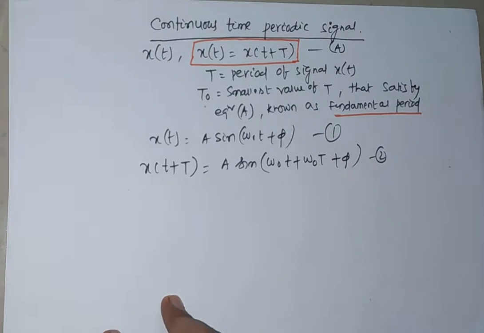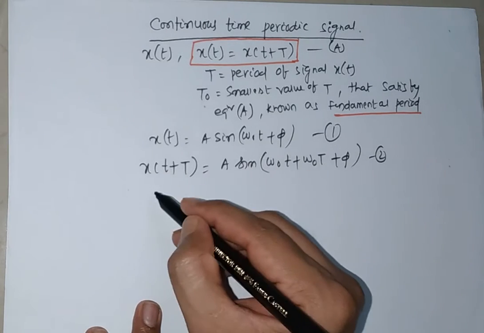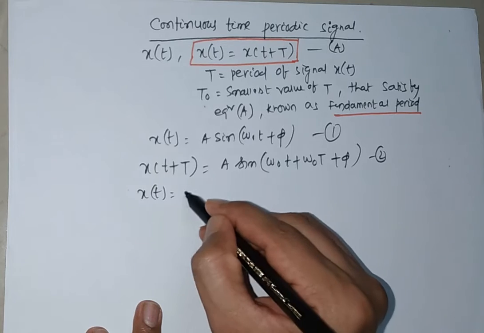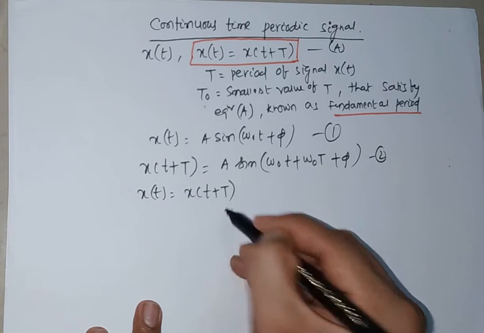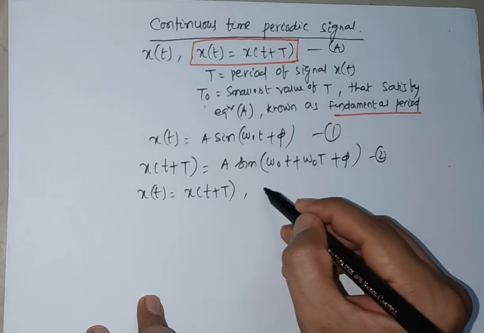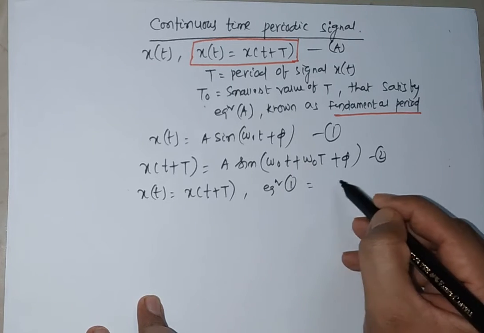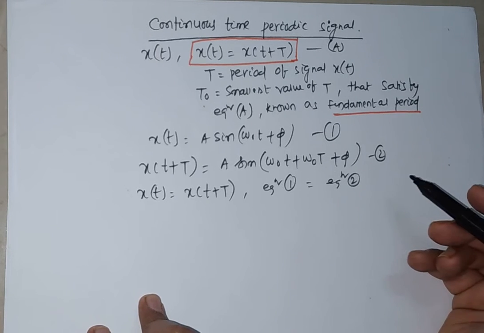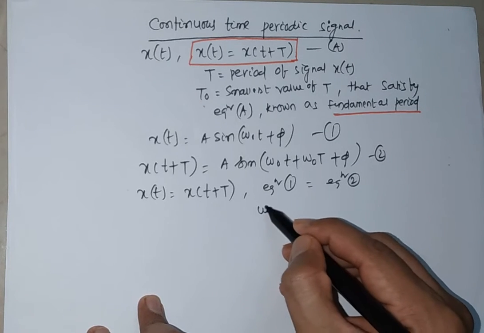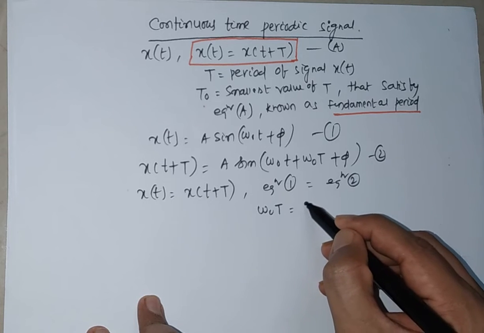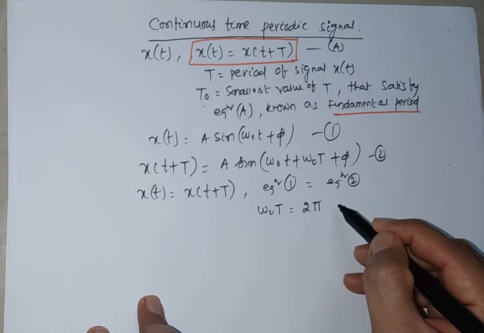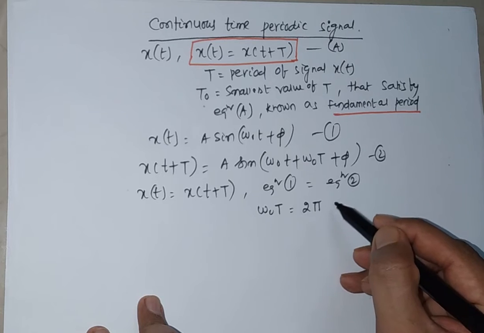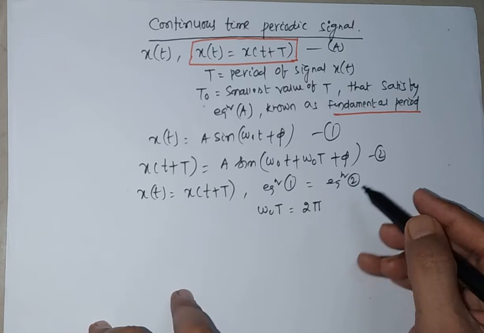According to the definition in equation A, x of t is said to be periodic if x of t equals x of t plus capital T. That is equation 1 equals equation 2. These two are equal when omega 0 T is a multiple of 2 pi.